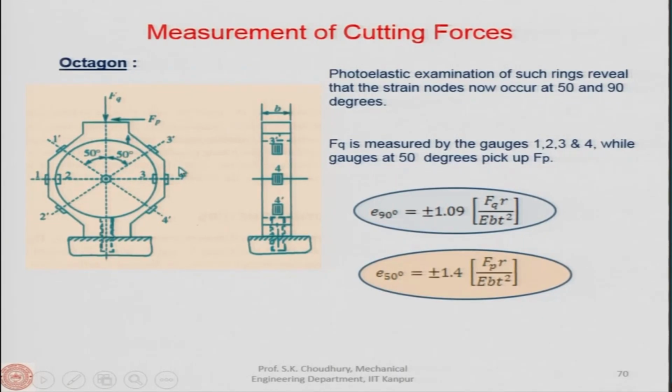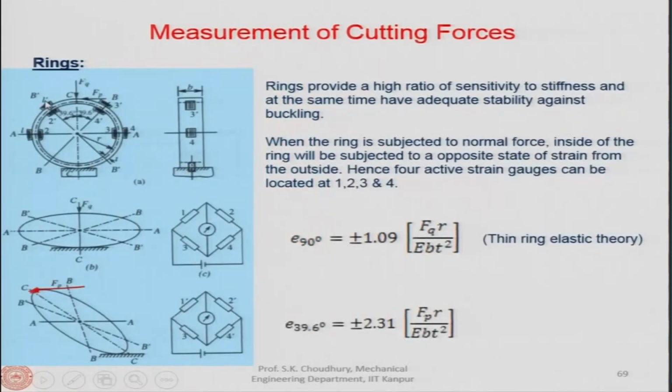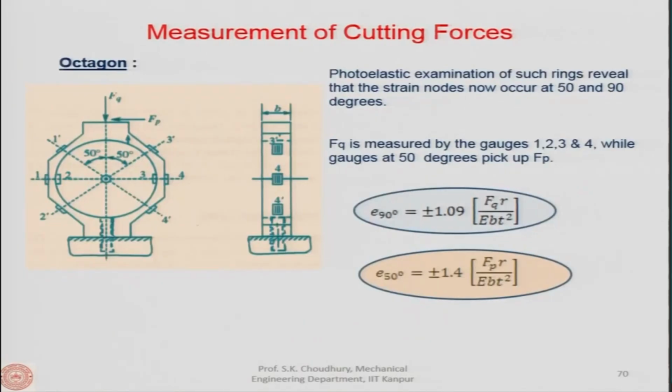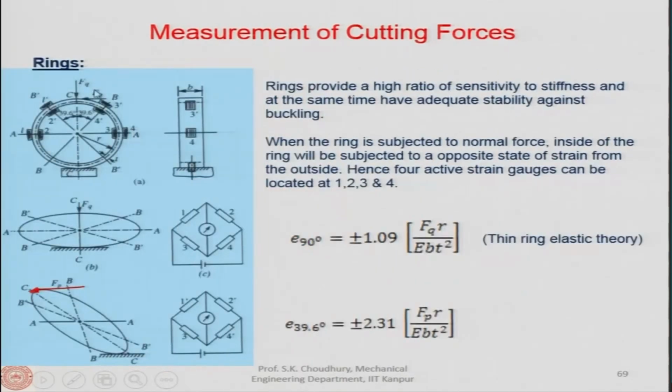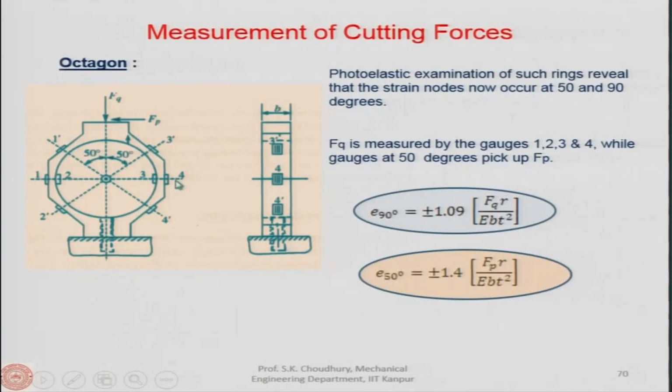Now, we come back and here we can see that 1 prime, 2 prime, 3 prime and 4 prime are at an angle of 39.6 degrees. By the way, this can also be put in here as well, but here we are putting it on the opposite side to compensate for the other forces rather than the force that we are measuring, the one that we have already talked about earlier.